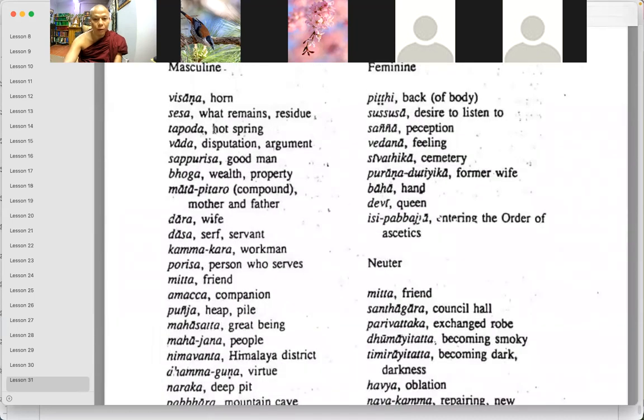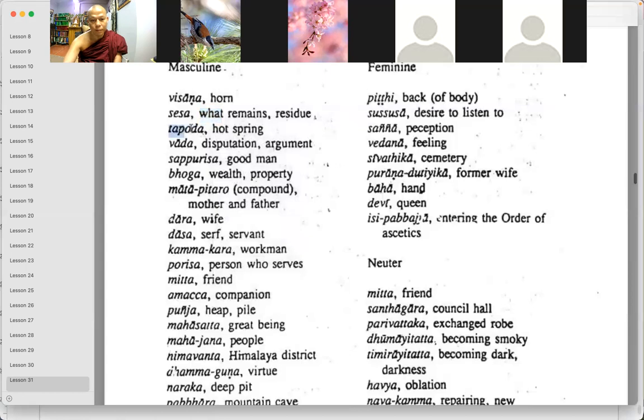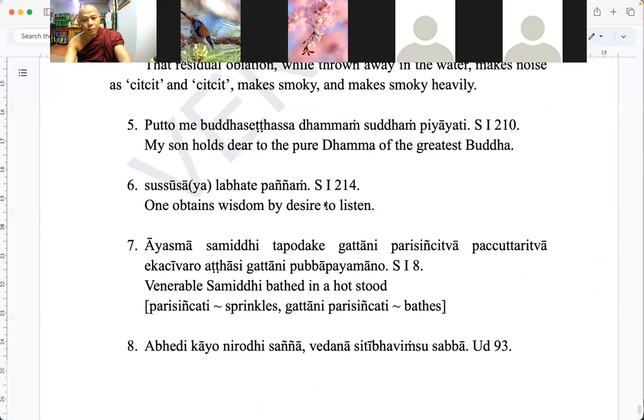Yeah, the hot spring. Okay, let's see. The hot spring, and then another gerund.